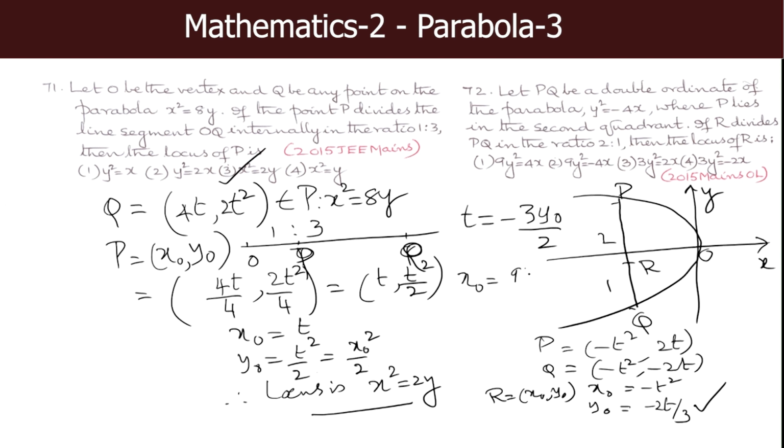T square means 9 y0 square by 4, so 9 y0 square equal to minus 4x naught. So, the locus of (x naught, y0) is 9y square equal to minus 4x. Follow? Same as the last question, except that the parabola is different. Here x square equal to 8y and here y square equal to minus 4x. In both cases, you need to apply the section formula.